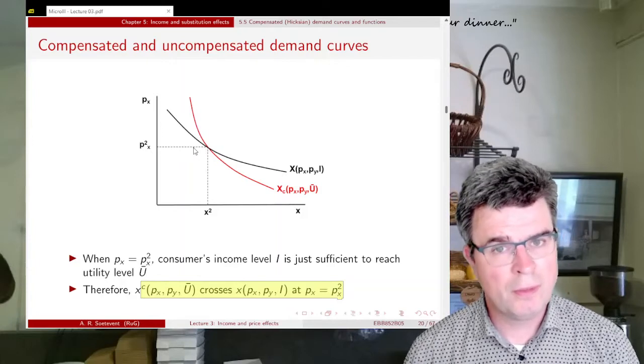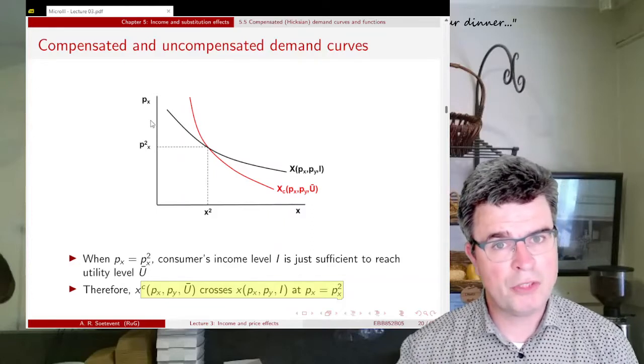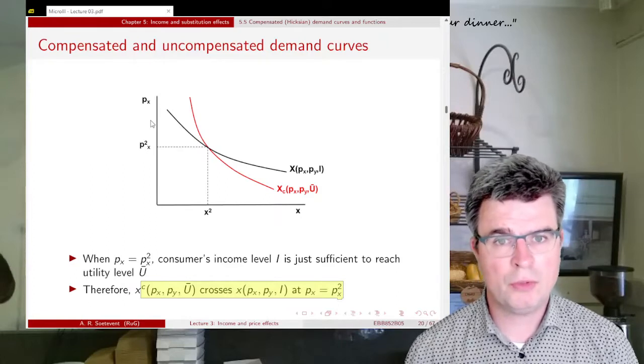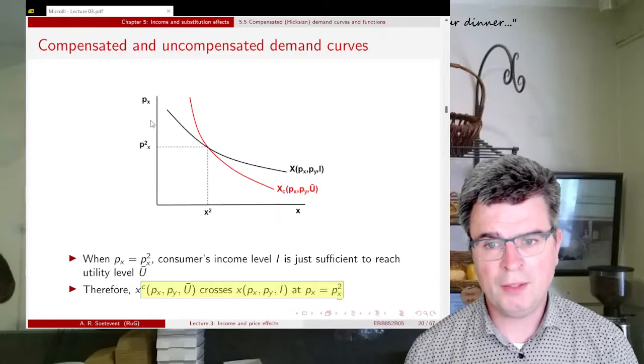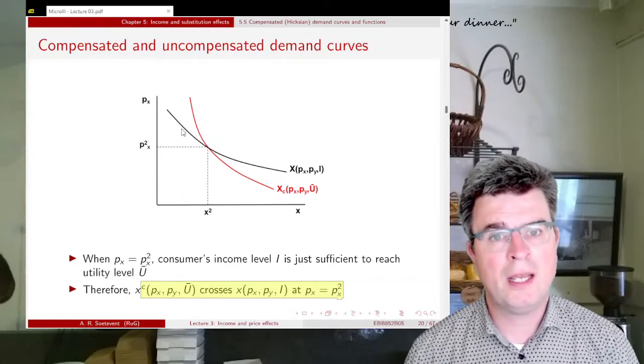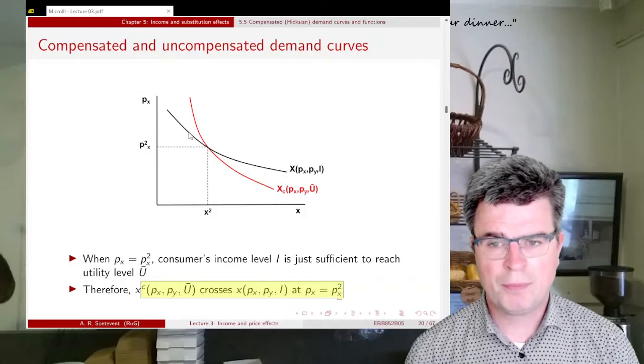In addition, the demand for good X will decrease even further because an increase in the price for good X will reduce the income of the individual and the individual's purchasing power. And this income effect will lead to an additional decrease in the consumption of good X. So the Marshallian demand is below the Hicksian demand if the price increases.